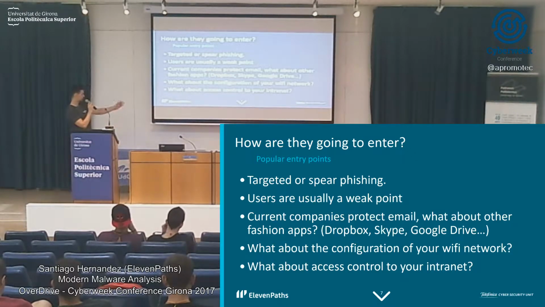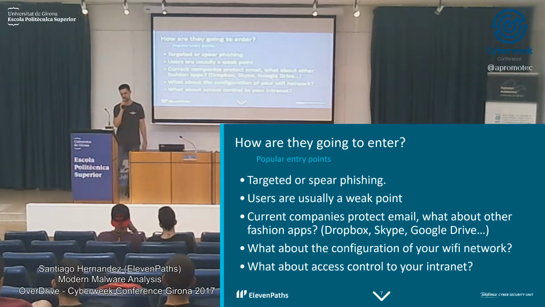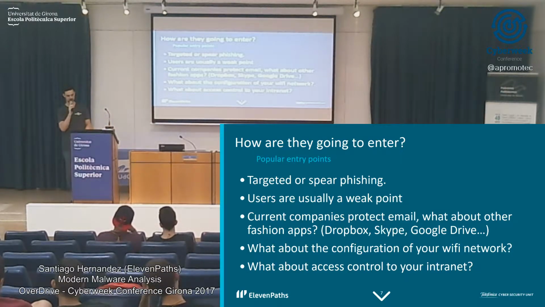They are going to, for example, use your bad Wi-Fi configuration to get into the network, and once they are in the network, they are going to release some exploit or something like that.